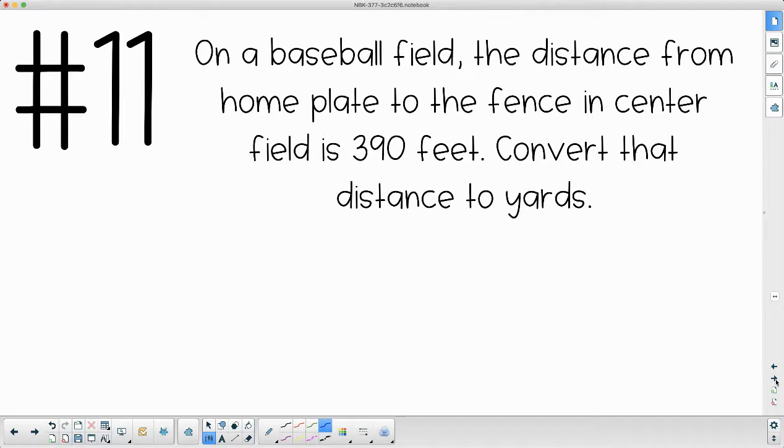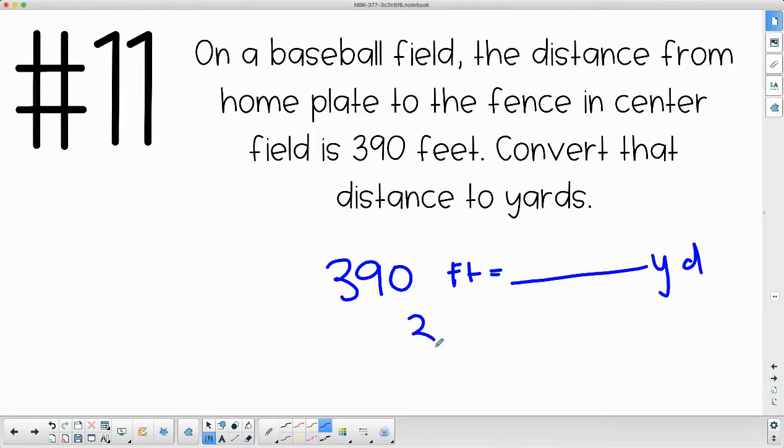Number 11 says that on a baseball field, the distance from home plate to the fence in the center is 390 feet. We need to convert that to yards. So we have 390 feet, and we want to know how many yards that is. So if you remember, there are 3 feet in every 1 yard.